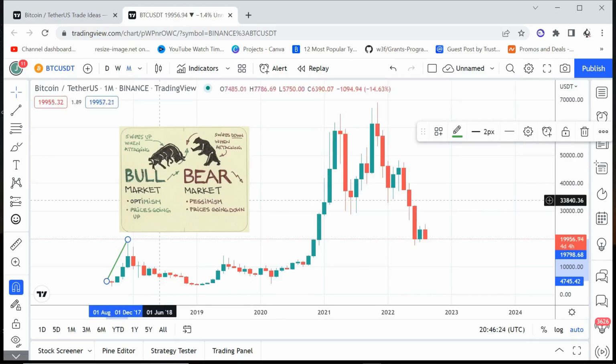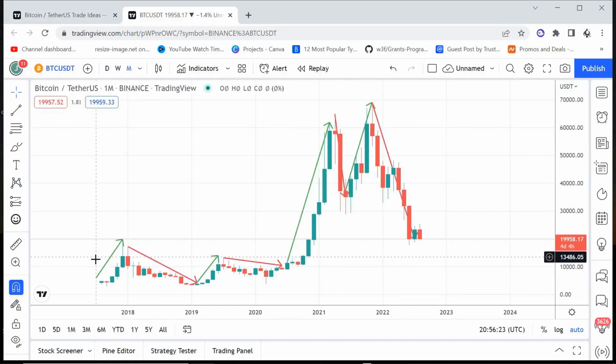Bears and bulls are used by the way these animals attack in real life. The bears are attacking, the bulls are also attacking, but they are attacking in two different styles. The bears attack with their claws downwards, while the bulls attack with their horns upwards.